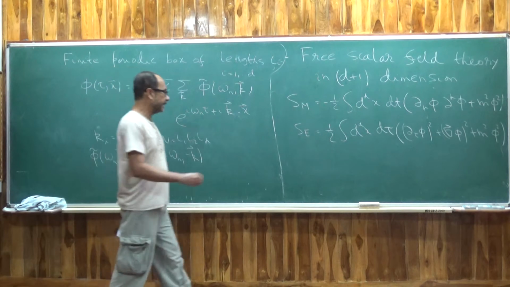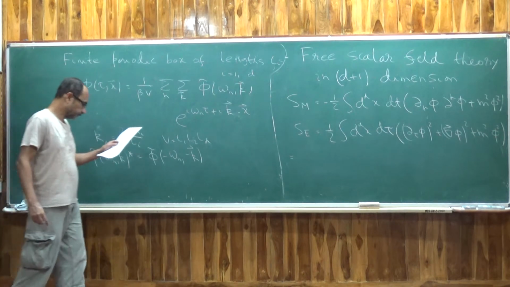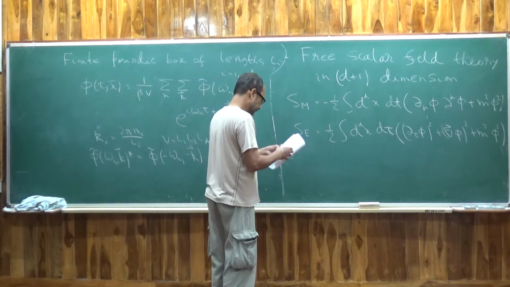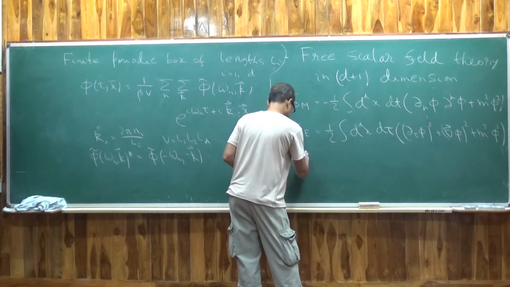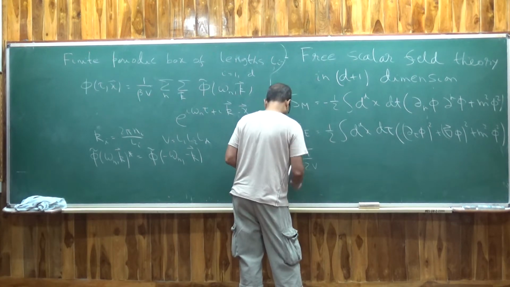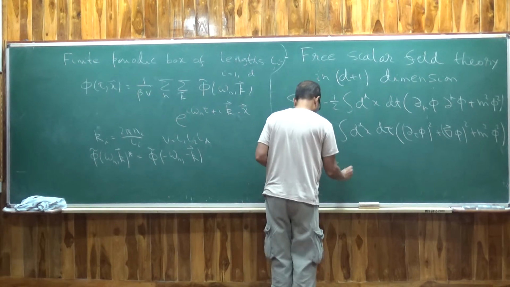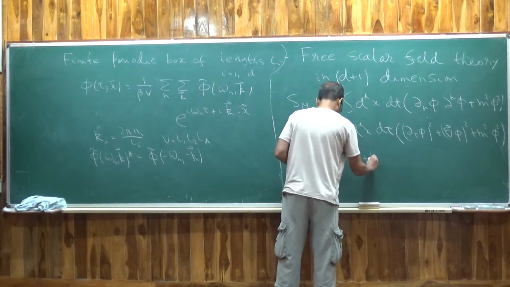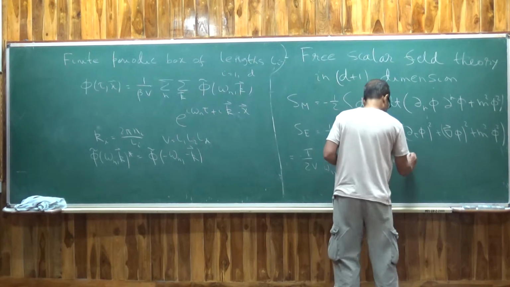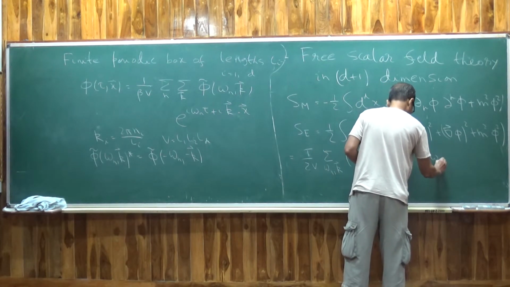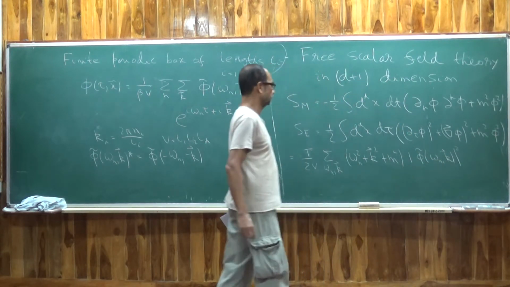Now you can calculate this action. This is straightforward, and this becomes beta over 2V, sum over omega n and k, of omega n square plus k square plus m square, times the modulus squared of phi tilde.